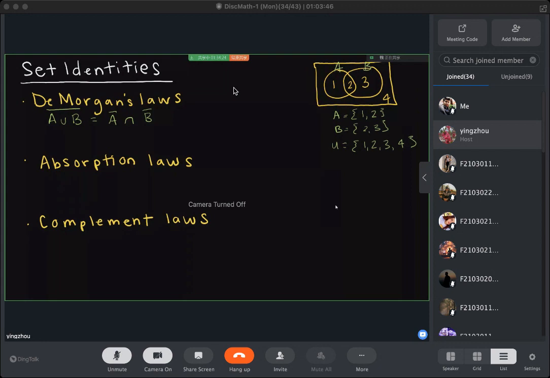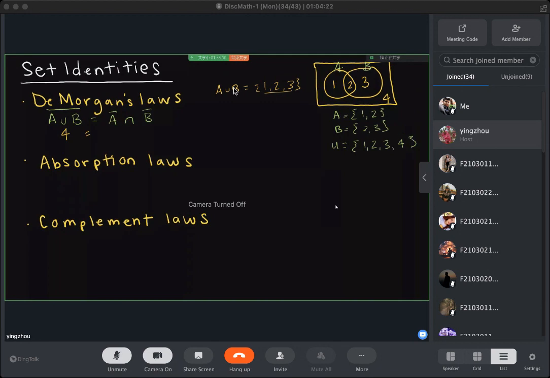Now if I take a look at De Morgan's first law, it says the complement of A union B. So A union B would be 1, 2, 3, anything inside either set. But I want the complement of that, which is anything in the universe that's not 1, 2, or 3. So that means this is 4.